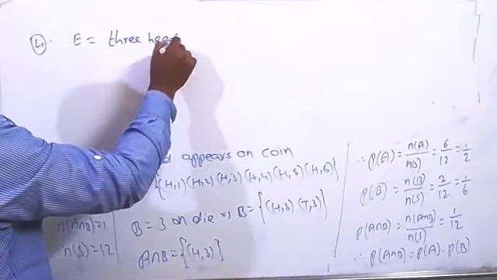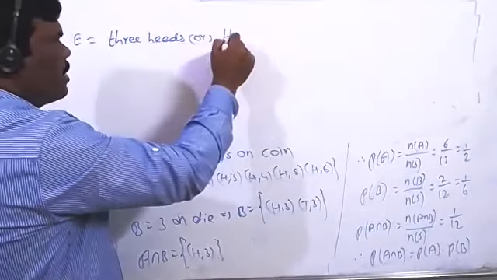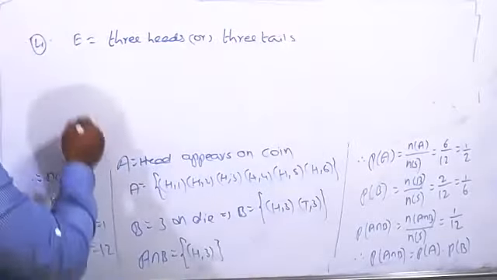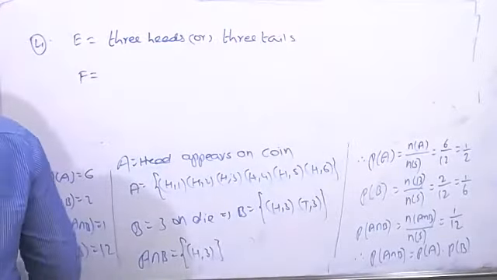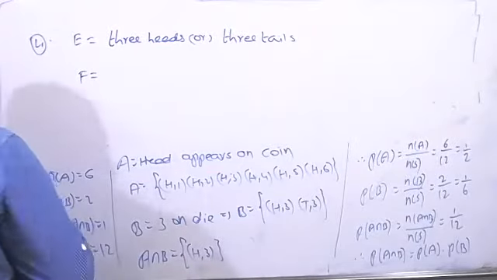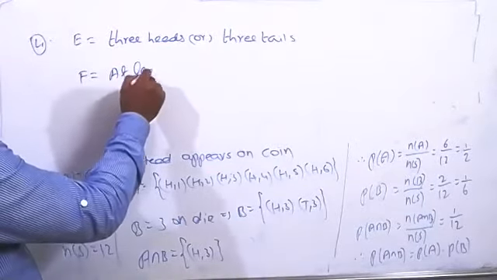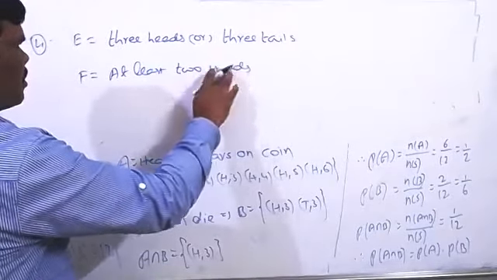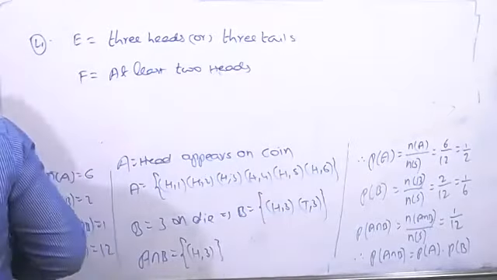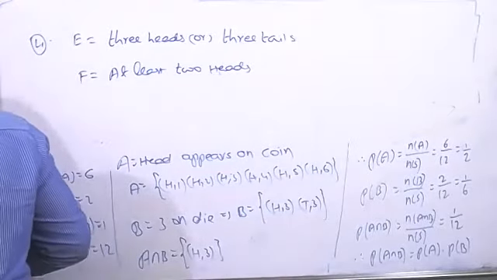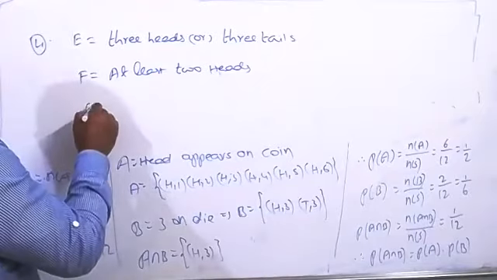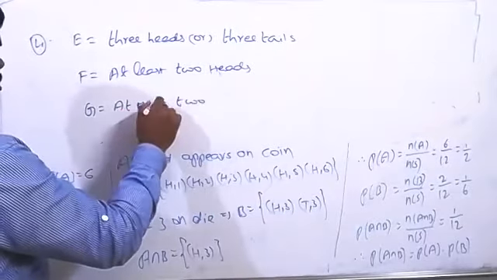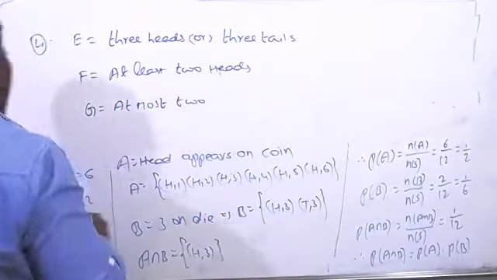And event F is equal to at least 2 heads. And the event G equals at most 2 heads.